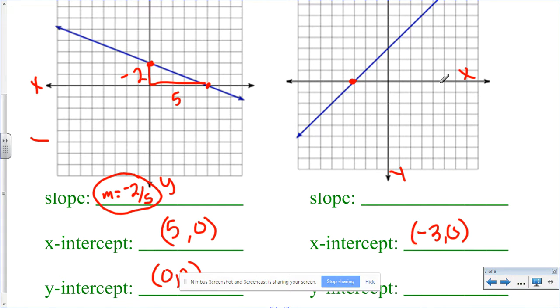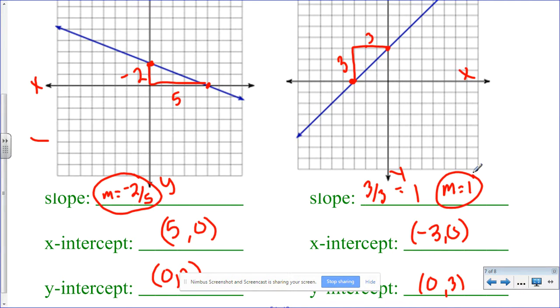And then my y-intercept is at 1, 2, 3. So (0, 3). We're going to go ahead and draw our triangle in. We're going up and over. So we're going up 1, 2, 3, and over 1, 2, 3. So 3 over 3 reduces to 1. So my slope for this one is just a positive 1.